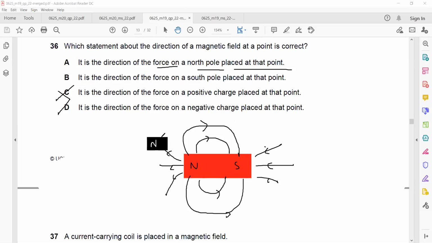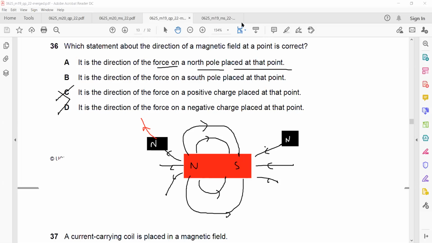It will move the same as the direction of the magnetic field, outward. And if I place a north pole here, it will move towards the south. So basically, the north pole will move the same as the direction of the magnetic field.